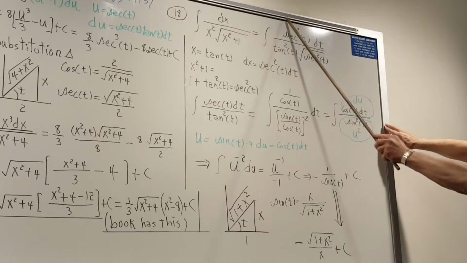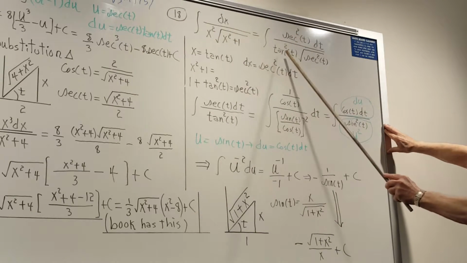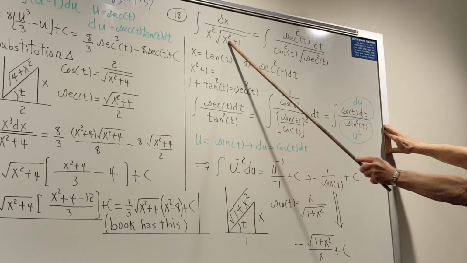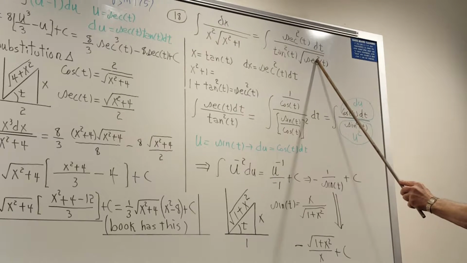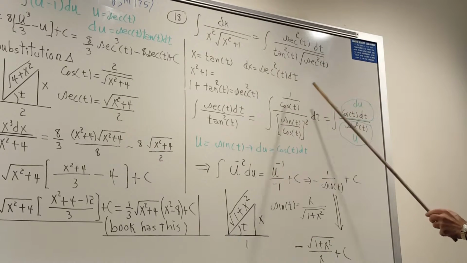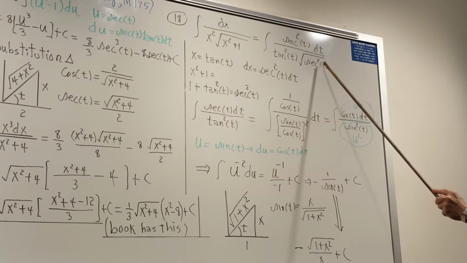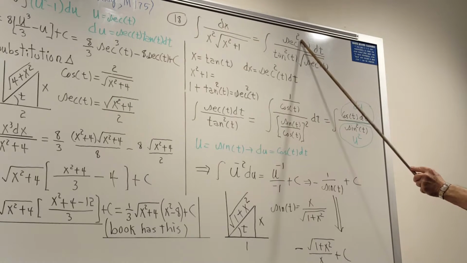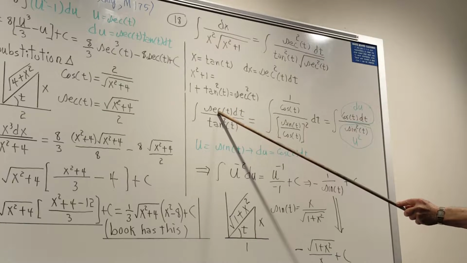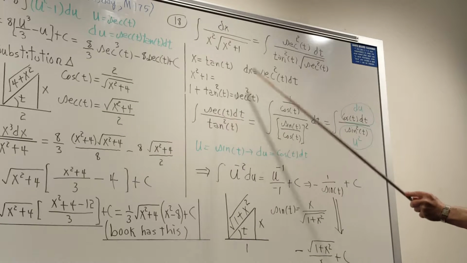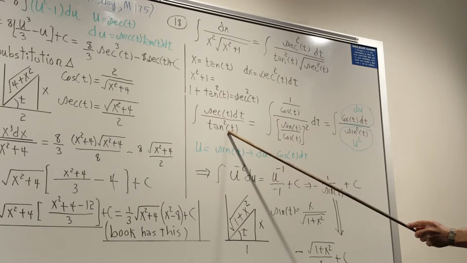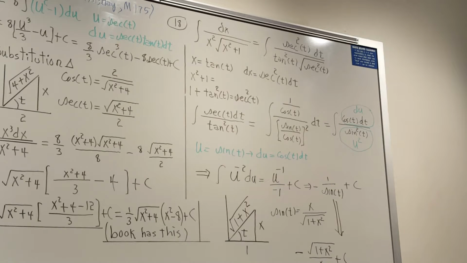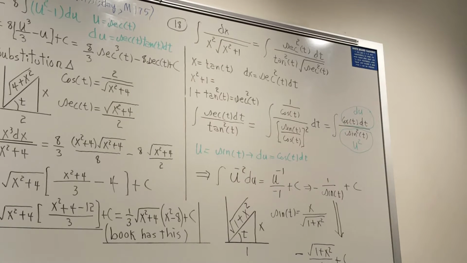So we have secant squared, tangent squared, and then the square root here of secant squared. And so this secant would cancel one of those and leave you a secant on top, and your tangent squared is there.